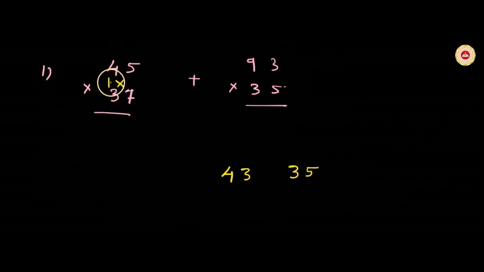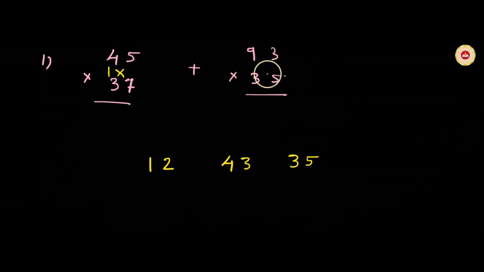Now second column, multiplying vertically, 3 4s are 12. Yes, we wrote 12 in third part from right side. So friends, we have written the answer of this multiplication, 45 multiplied by 37, in three parts. Now let us calculate the product of 93 and 35. 93 multiplied by 35. 5 3s are 15.